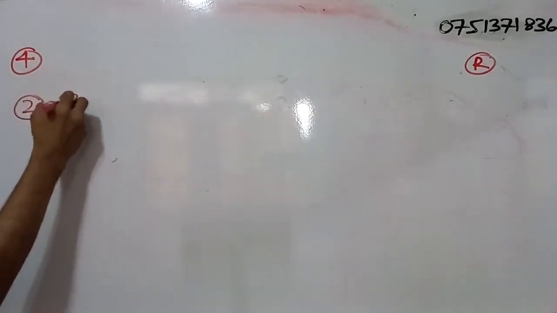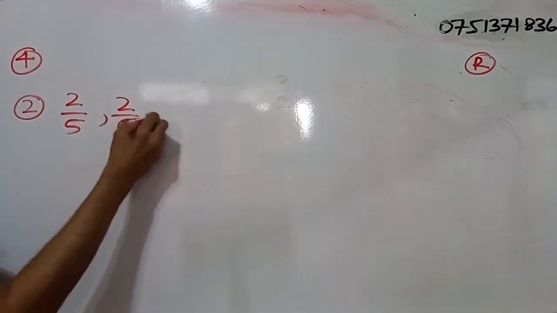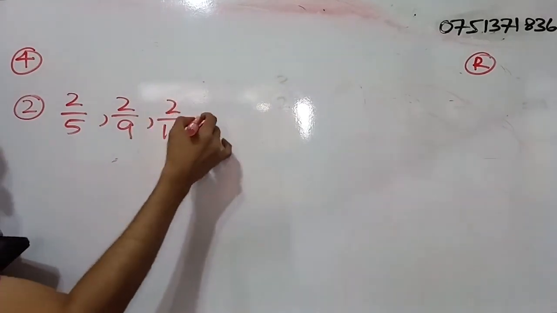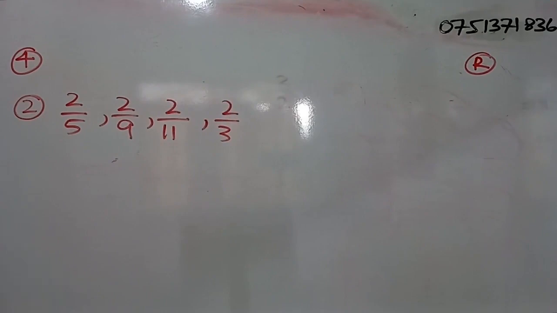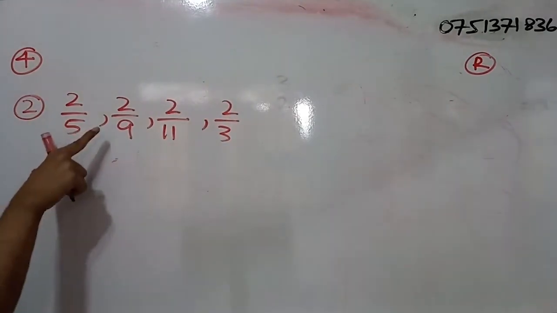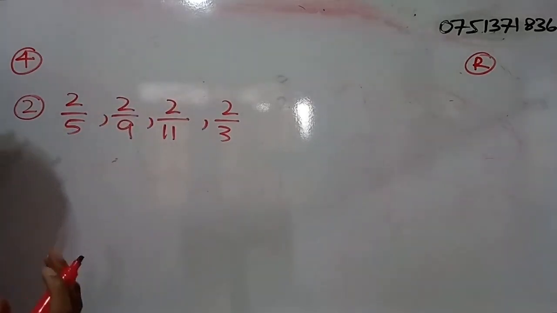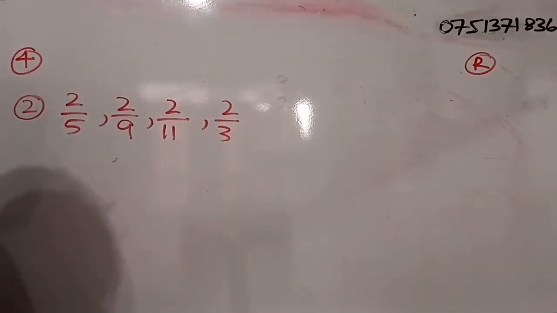Right, part 2. So there we have 2 by 5, 2 by 9, 2 by 11 and 2 by 3. Okay. Here the same thing, right? The numerators are same, no? So we can easily come up with the answer by observing the denominator.